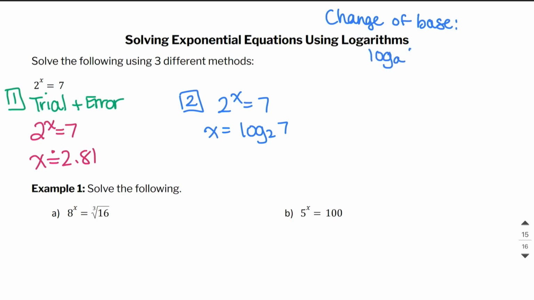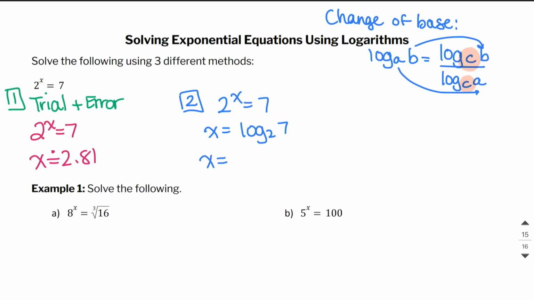It says that log base a of b is equal to log base c of b over log base c of a. These c's could be any base you want, but what does matter is that the b has to go in the numerator and the a has to go in the denominator.